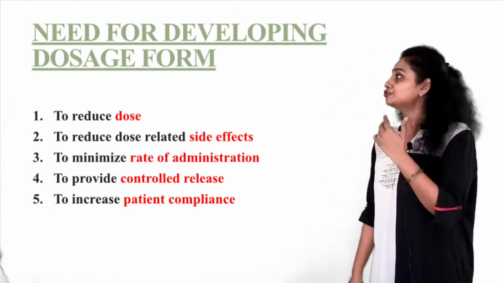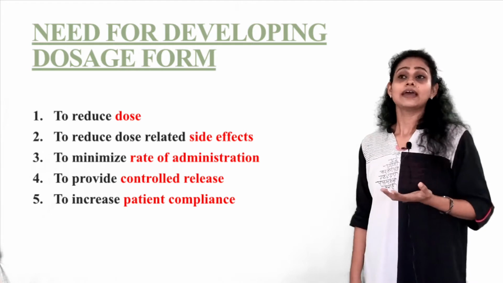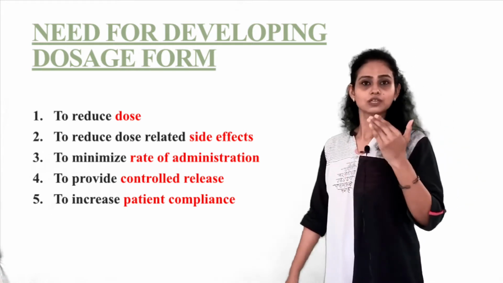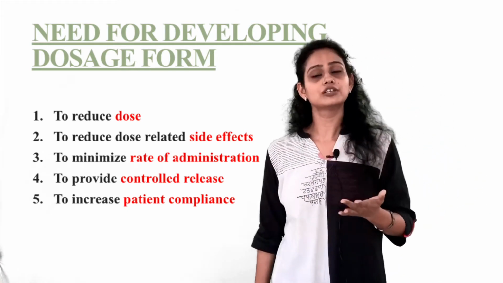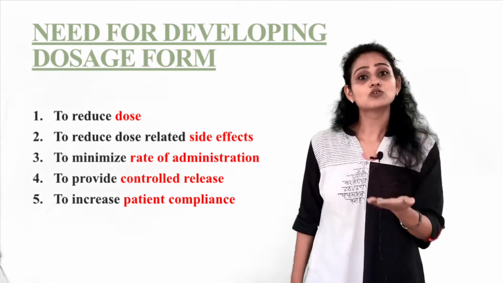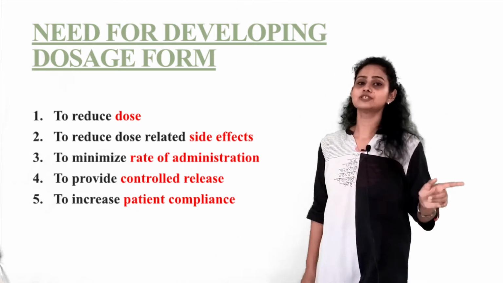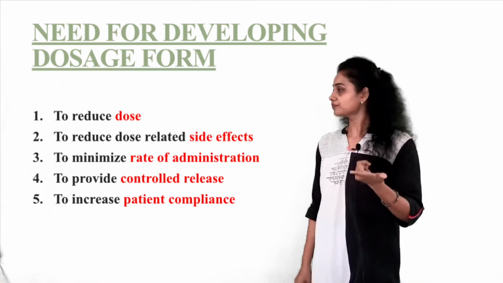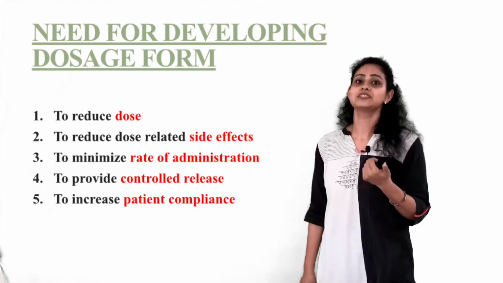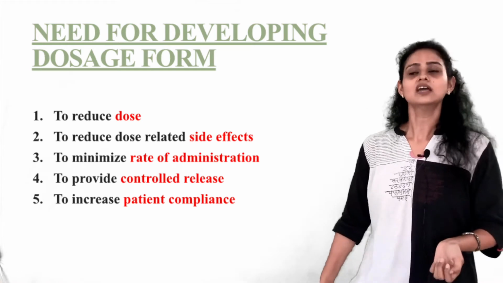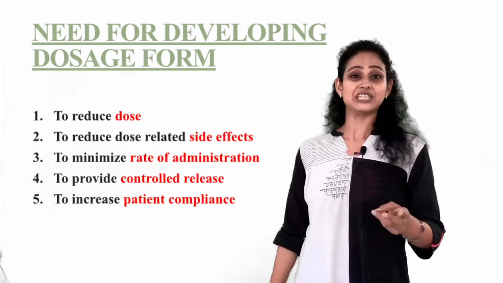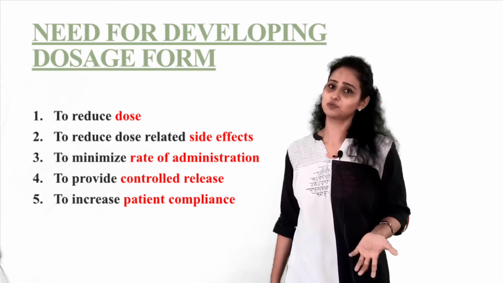Also, when we want a controlled drug delivery system, what happens when I give a drug that way? We talked about dose, but the dosing frequency also decreases, and that's why patient compliance increases. If I have to deliver a drug 3 times a day through injection, it is going to be very difficult.